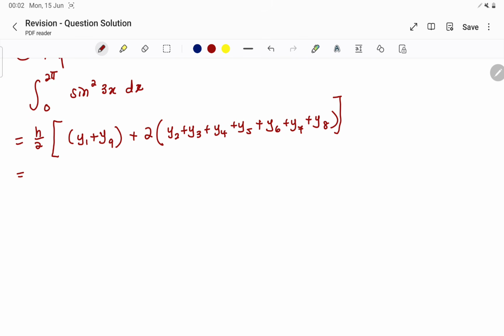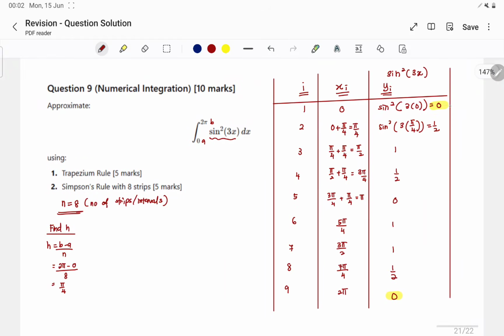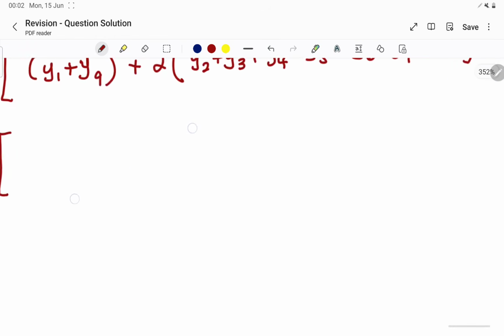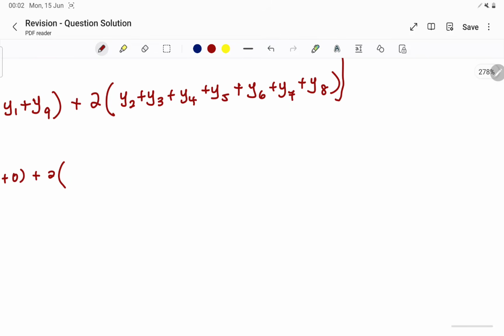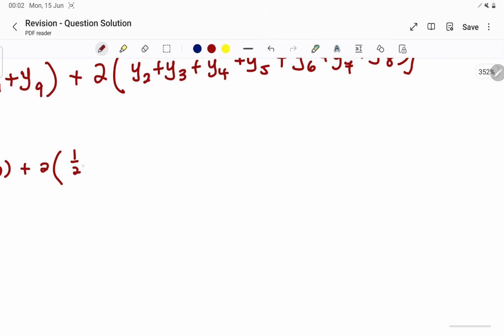Then h, which you already got earlier, is equal to pi over 4 divided by 2. Then y1 plus y9, you check the value, which is 0 plus 0, then 0 plus 0 plus 2. Then you go to the table again and copy 1 over 2 plus 1 plus 1 over 2 plus 0 plus 1 plus 1 plus 1 over 2 plus 0.